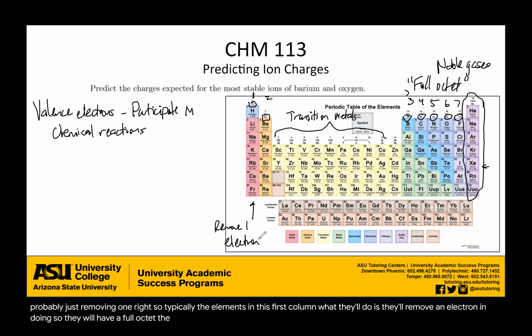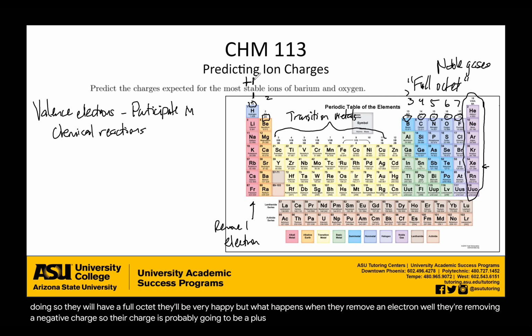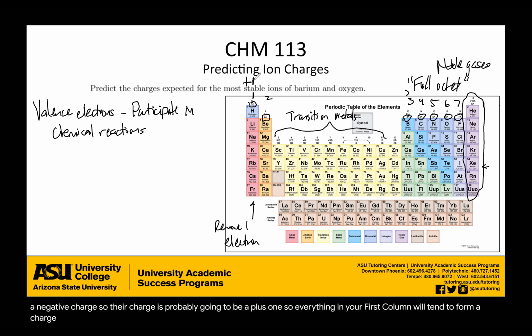They'll be very happy. But when they remove an electron, they're removing a negative charge, so their charge is going to be +1. So everything in your first column will tend to form a charge of +1. Similarly, the second column will form +2, and the third column will form +3.